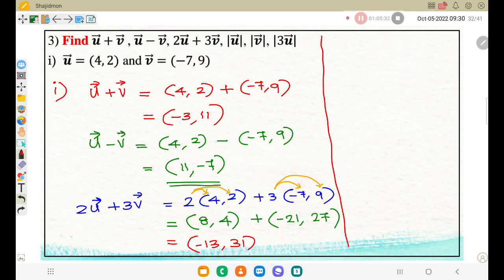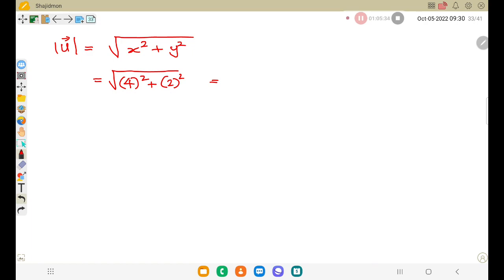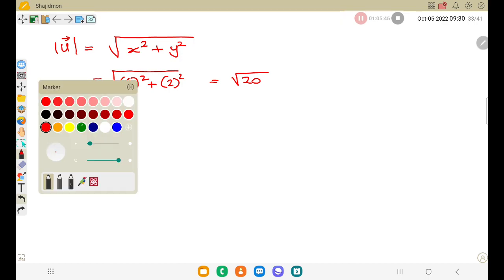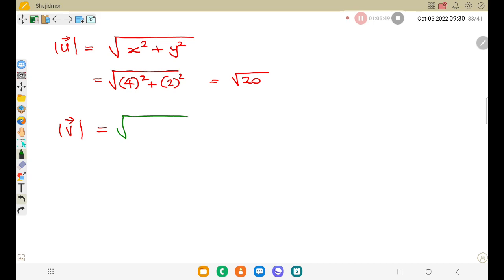Because you know x is 4, y is 2. So you can check by calculator. 4 power 2 means 16, 2 power 2 means 4. So root 20. Now absolute of vector v equals, okay, again root of x square plus y square. X means minus 7 power 2, y means 9 power 2.